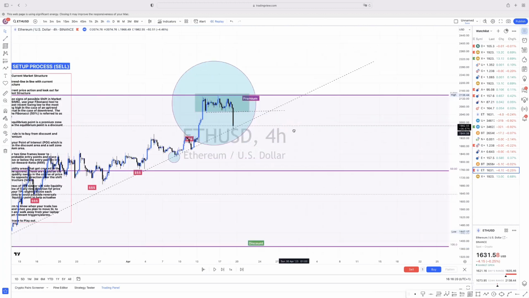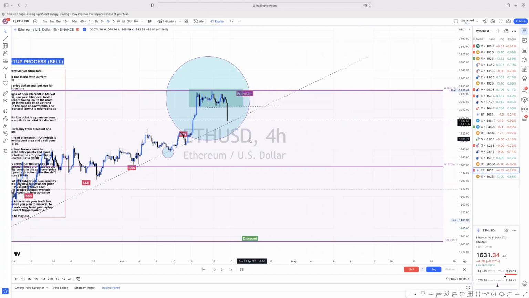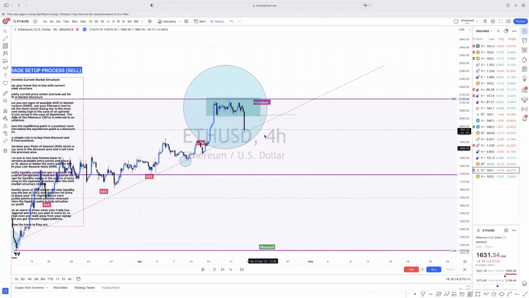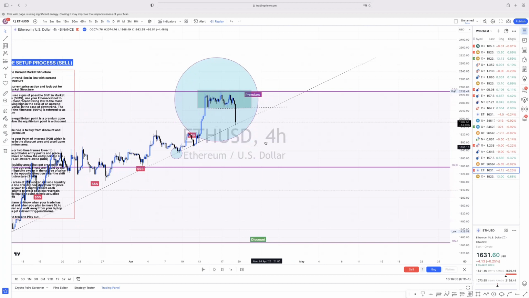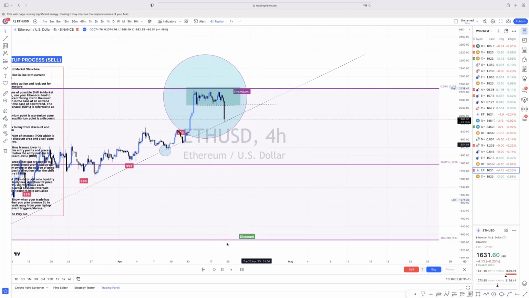I'm getting this in a 4-hour time frame. So the next thing I want to do is go to a lower time frame, or the next thing I may want to do first is to play this forward by a day and see if I am going to see the next candle.